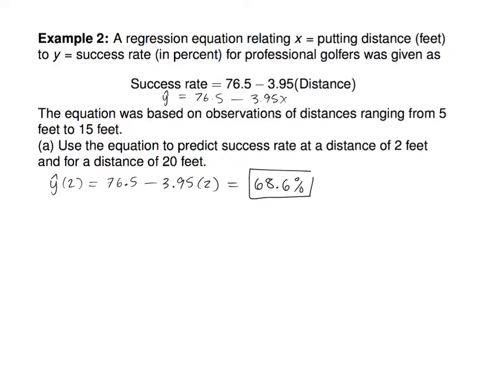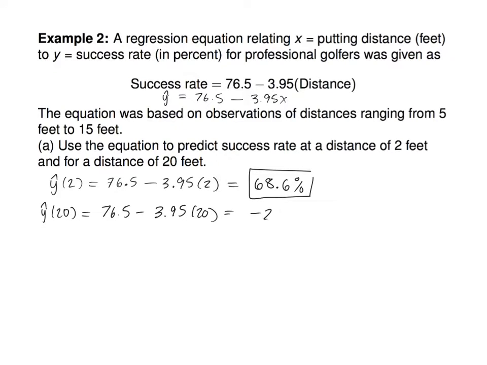Okay, 20 feet. y hat of 20. 76.5 minus 3.95 times 20. Punch some buttons and see what you get. The number should make no sense, okay?